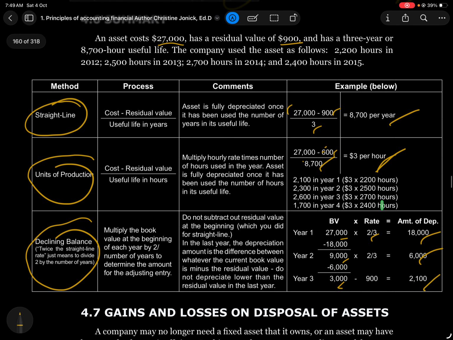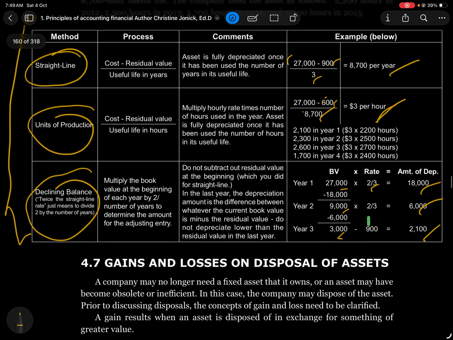Okay, so all these methods basically affect our depreciation amount as well. Okay, so it depends on different jurisdictions.